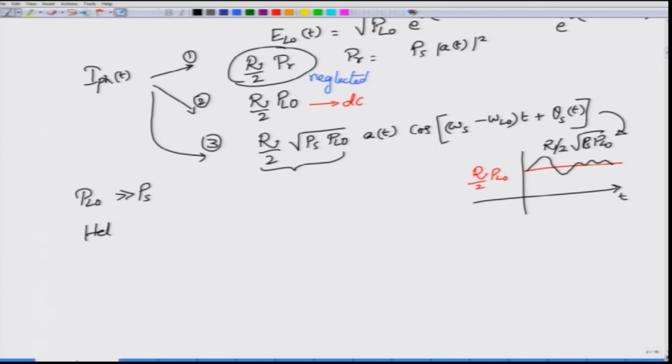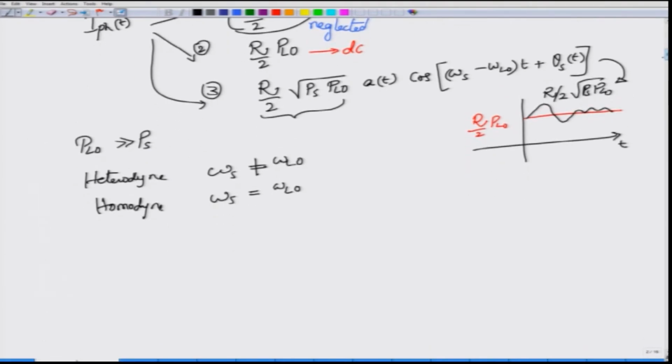Again, this would be heterodyne when omega s is not equal to omega LO. This is called homodyne when omega s is equal to omega LO. When omega s is equal to omega LO, the third term simply becomes R by 2 square root PS PLO A of t cos of theta s of t.